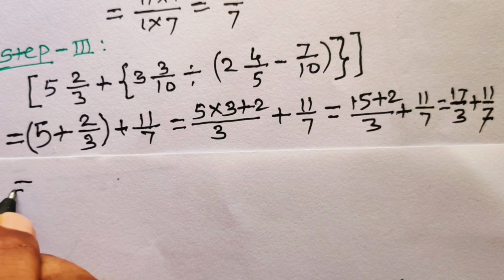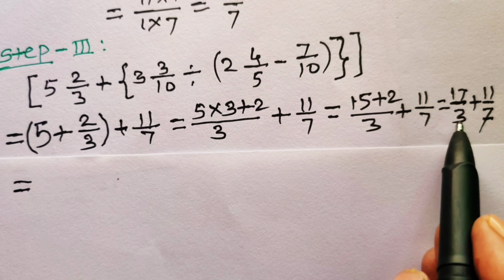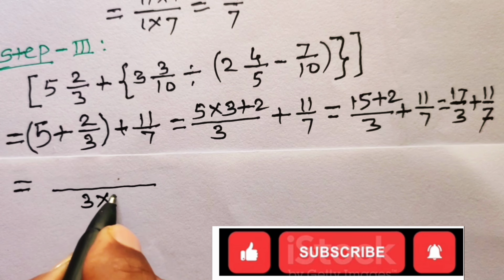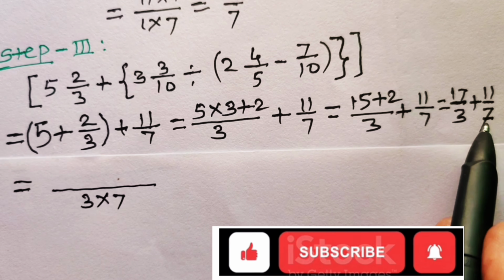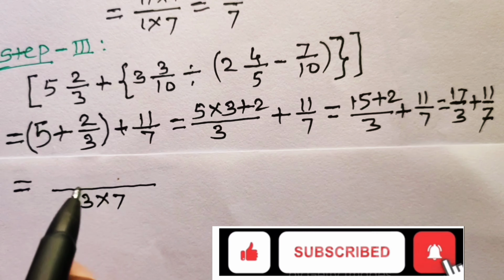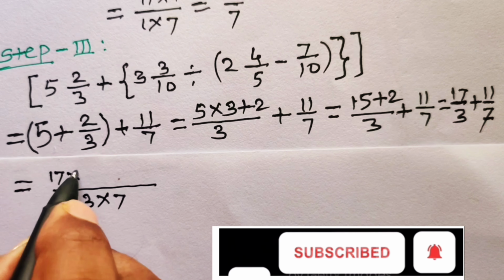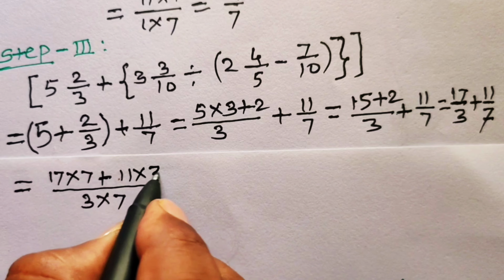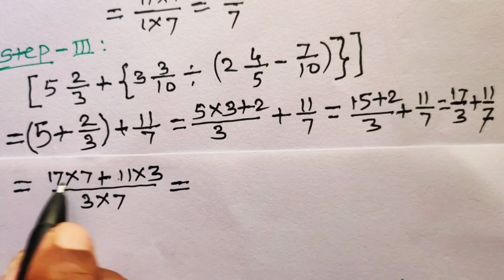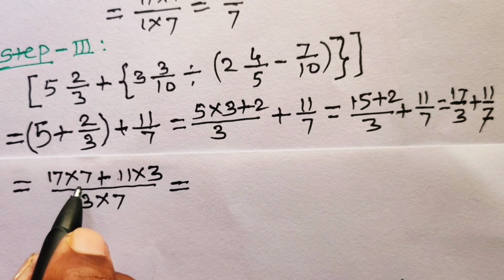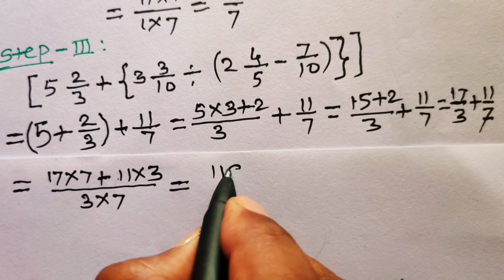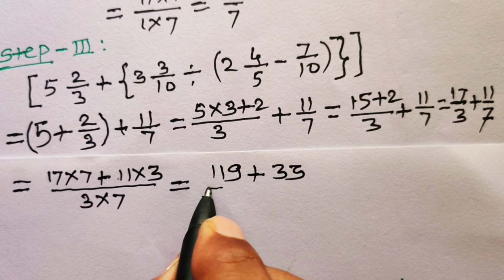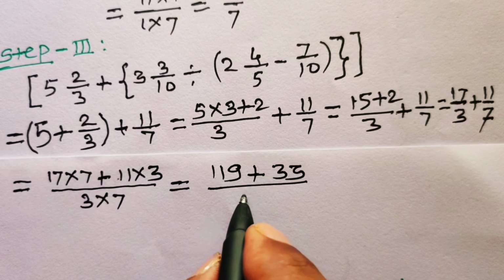Hence, this is equal to, now the LCM of denominators 3 and 7 is 3 into 7, 17 into 7 plus 11 into 3. This is equal to 17 into 7 is 119 plus 33 over 3 into 7 is 21.